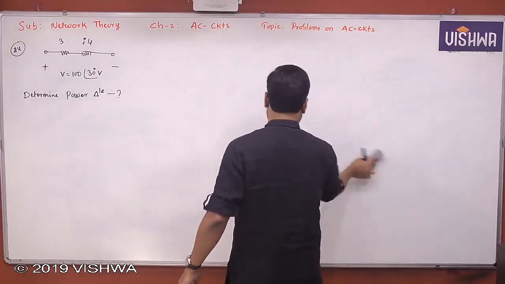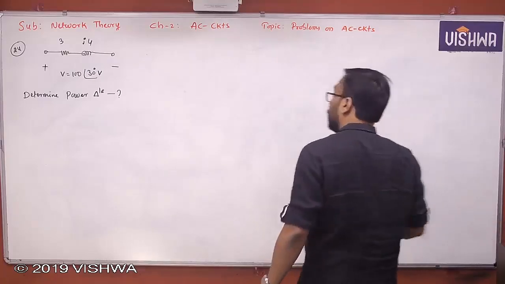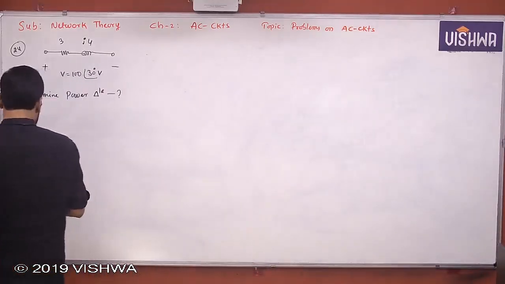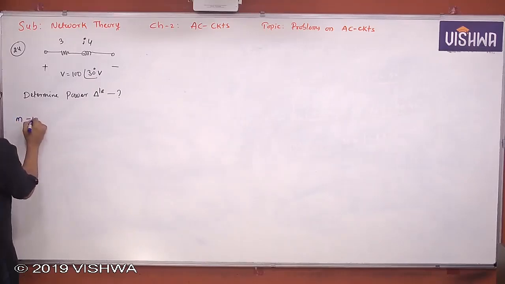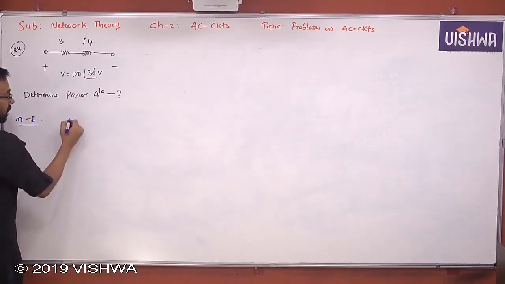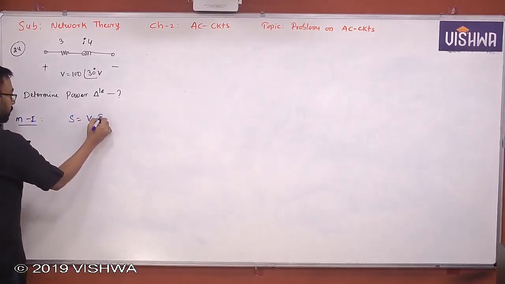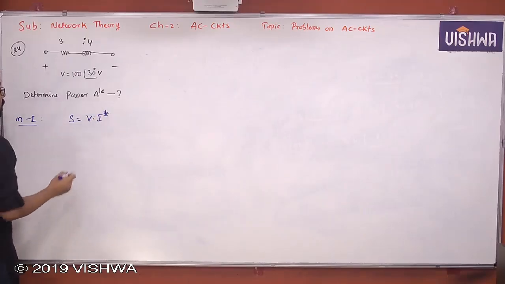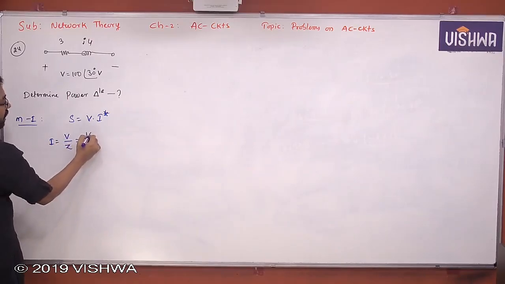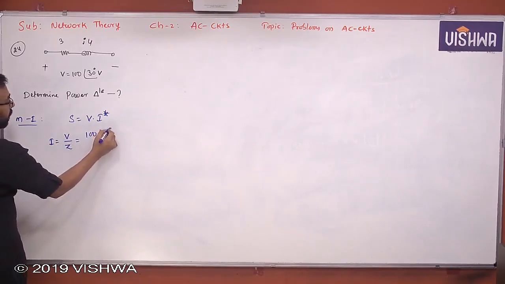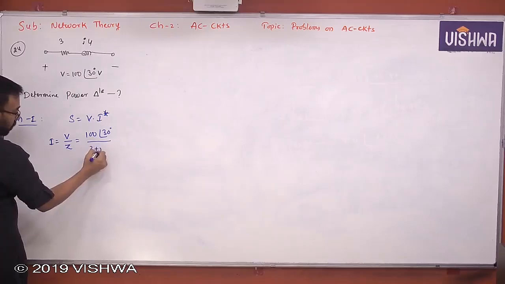Now, the power triangle can be determined in different ways. When impedance and voltage are given, method one, the standard method: S is equal to V into I conjugate. V is given, but I needs to be found: V by Z, that is 100 at an angle of 30 by 3 plus J4.